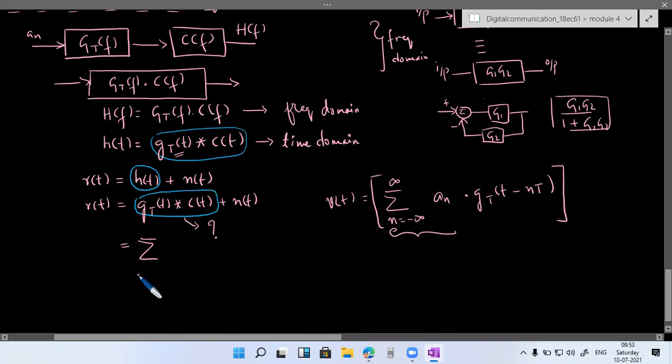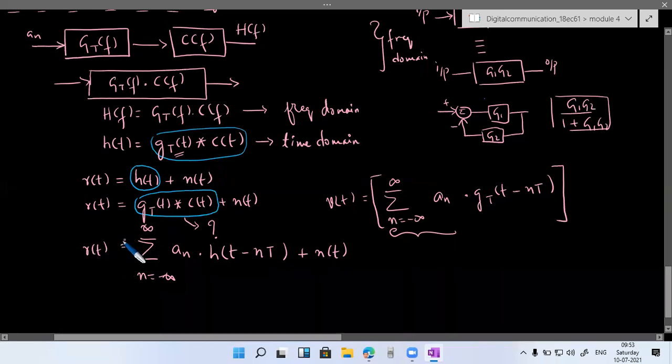I'll be writing the same thing: n equal to negative infinity to positive infinity of a_n, but instead of this g_t, I'll write it as h of t minus nT, plus n of t. That is the noise component. So this is what our received signal is equal to.